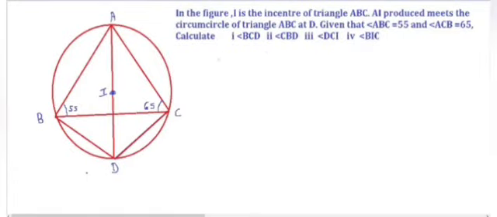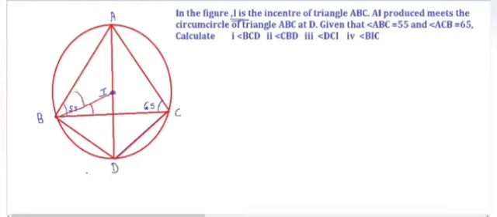Now in this question, we have I as the incenter of the circle. If we join ABC, in triangle ABC, I is the incenter. If I join I with B, this line will divide the angle into two equal parts.